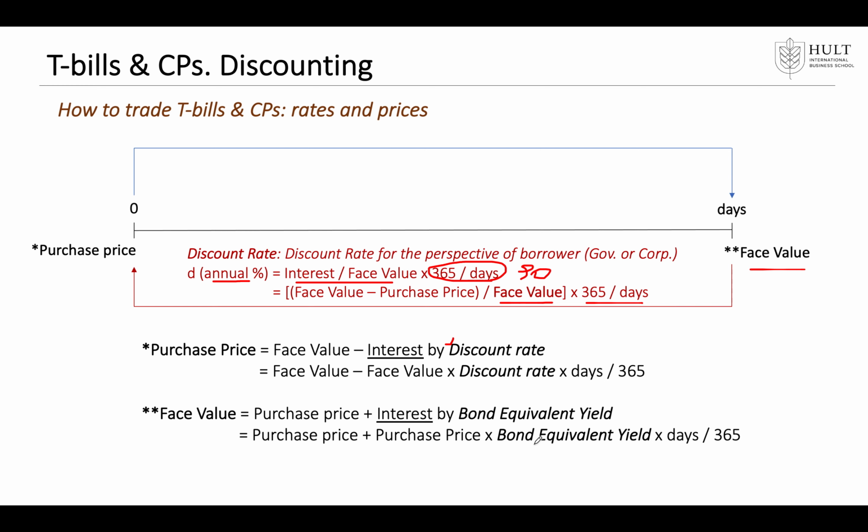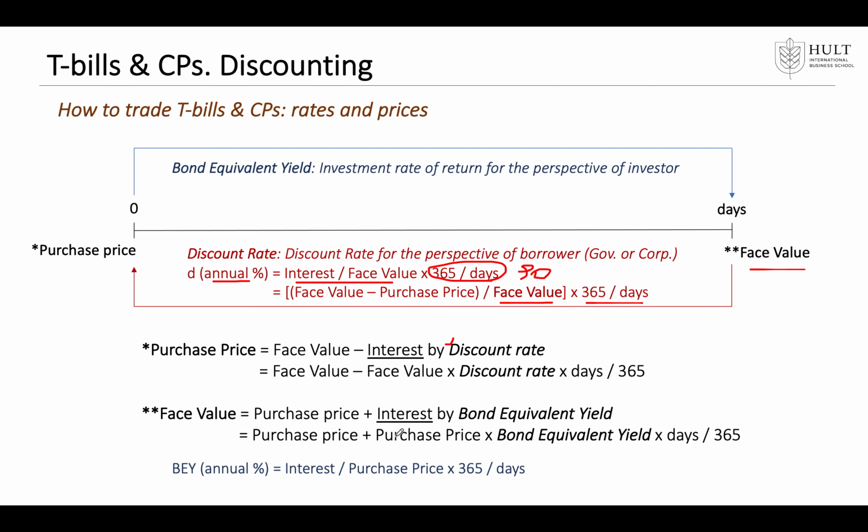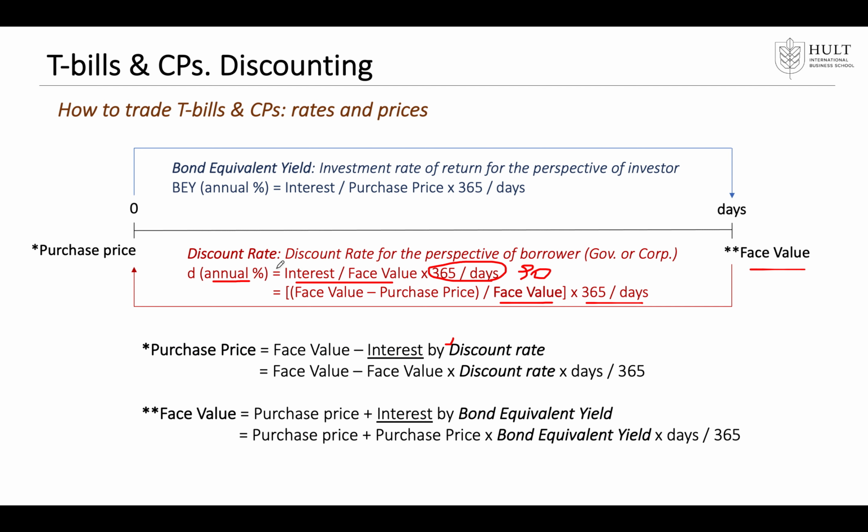Purchase price times bond equivalent yield is definitely starting from the purchase price. Why? Now we start from this investor's perspective, from the present time to the future. So interest divided by purchase price, not the face value.